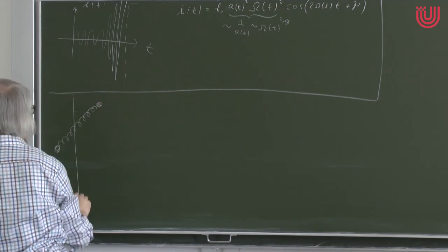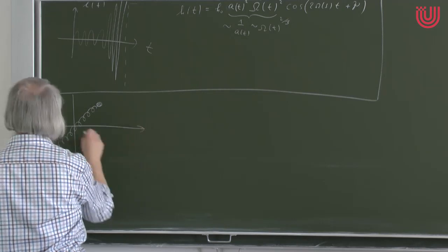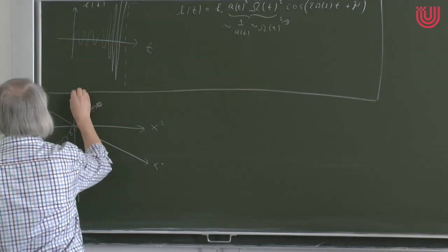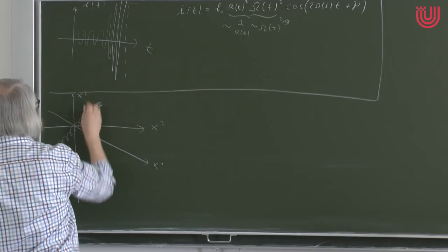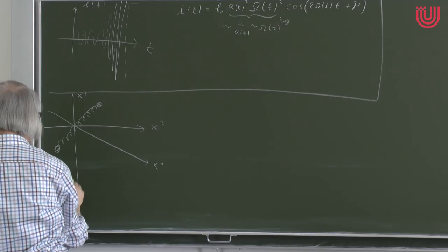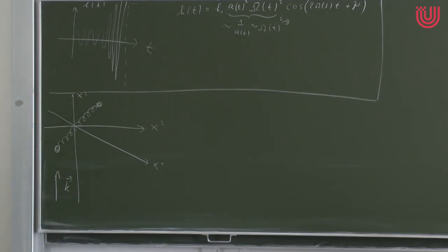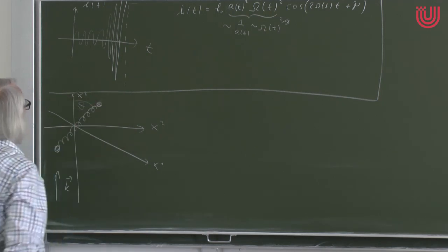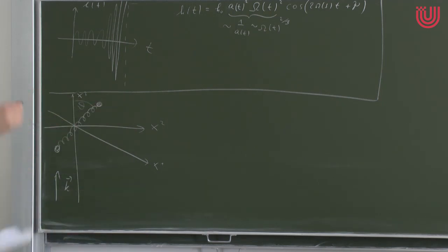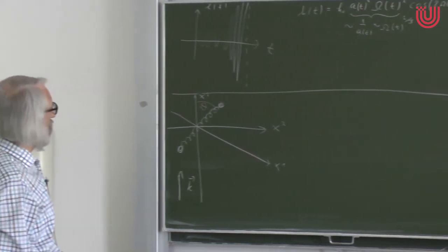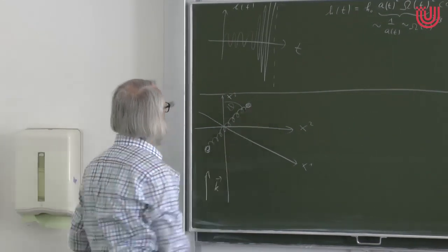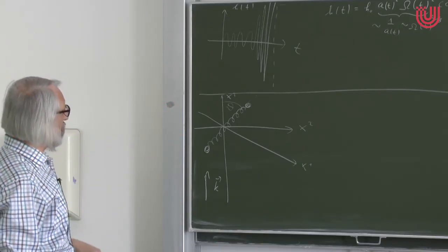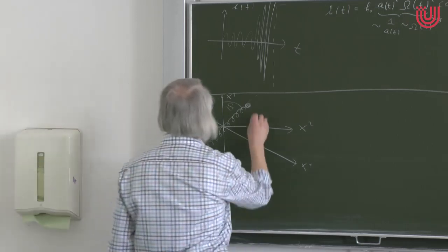So the idea is that the geometry is like that. We have 3 spatial axes, x1, x2, and perpendicular to this x3. And the gravitational wave is supposed to come in the direction of x3. Then this angle is the angle theta. Of course, we cannot expect that our detector, if I'm allowed to call this a detector, is aligned with a gravitational wave in a perfect way.